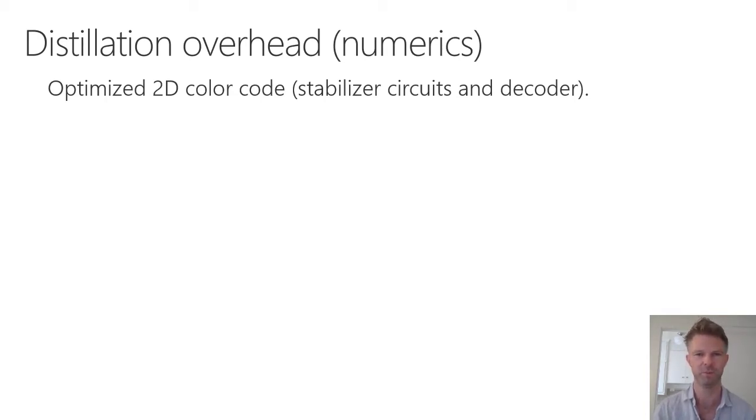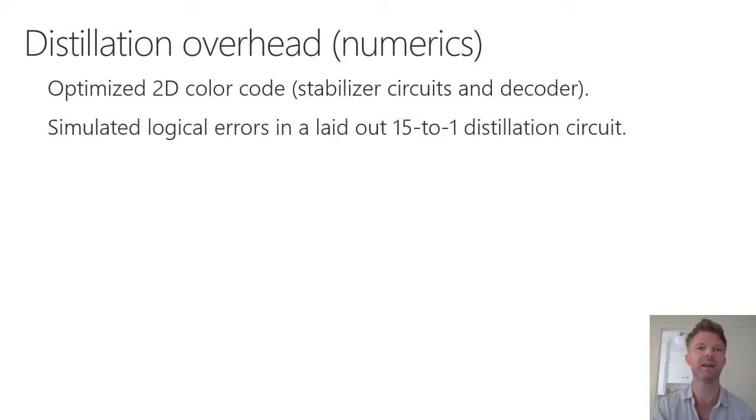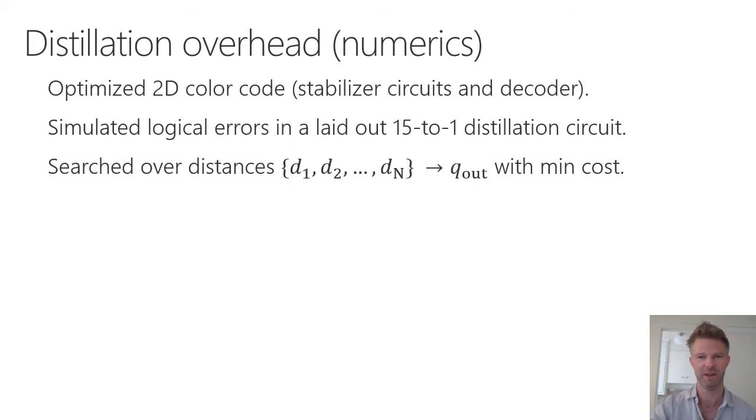And so we put a considerable amount of effort into optimizing the two-dimensional color code, which involved optimizing stabilizer extraction circuits and building a fault-tolerant decoder for that setting. And once we had that, we were then able to simulate logical errors in the 15-to-1 distillation circuit. And once we had that part, we were then able to rapidly test many different distances or sequences of distances for a particular distillation scheme.